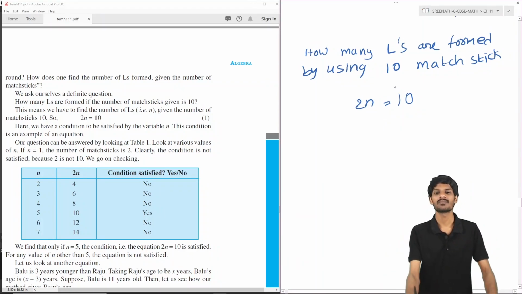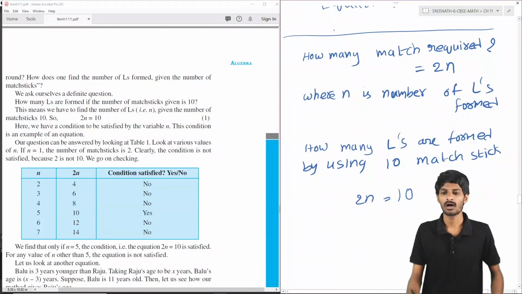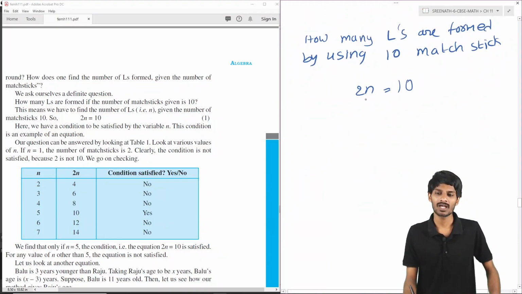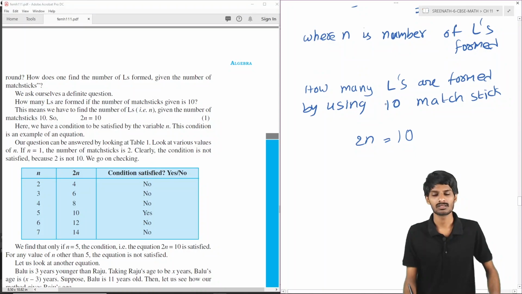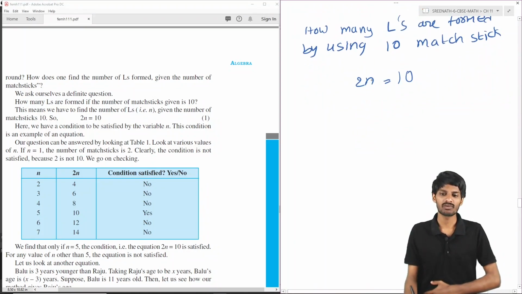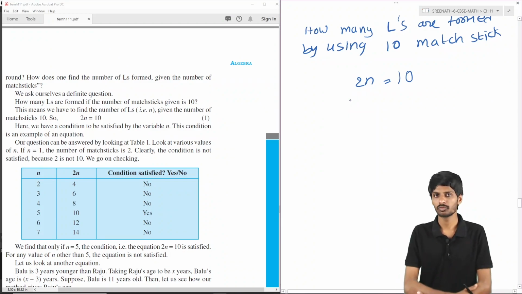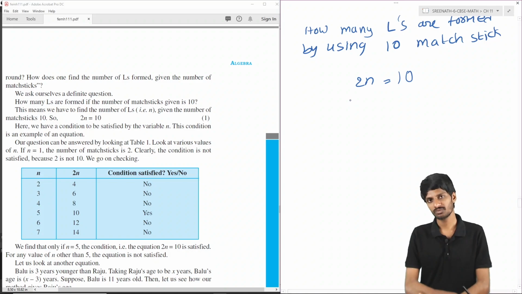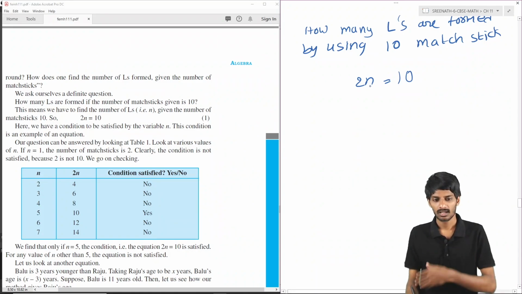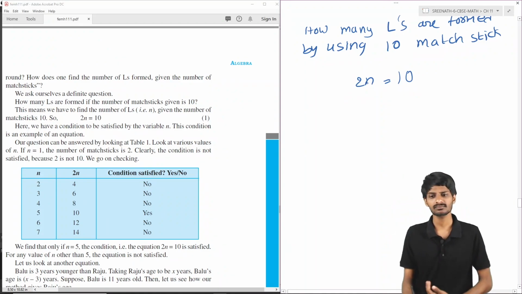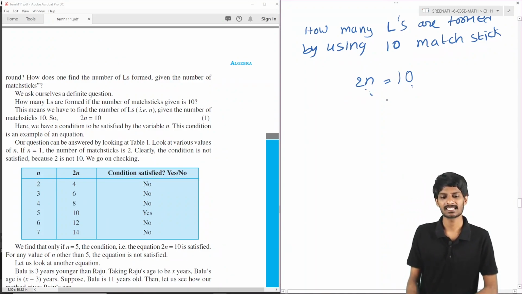So previously the number of matchsticks required is 2n and the number of matchsticks is 10. That's why we are equating 2n to 10. So here what is n? n is how many L's are formed. We don't know about it. That has to be found out, that value has to be evaluated. So we have to take the value of n such that this situation is satisfied.